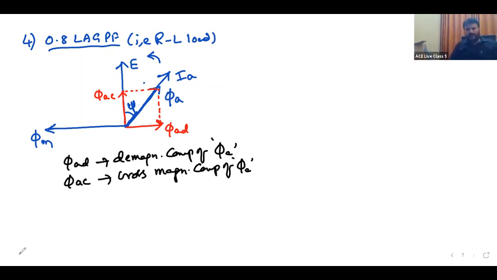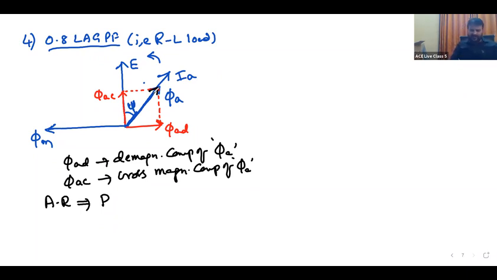So two components are there, a demagnetizing component and a cross magnetizing component. Then what is the armature reaction? Armature reaction is partly demagnetization, not purely. Purely meant earlier cases with only magnetization, or only demagnetization, or only cross magnetization, only one component. But here two components are there. I am dividing this flux into two perpendicular components, one along the direct axis, another along the quadrature axis.